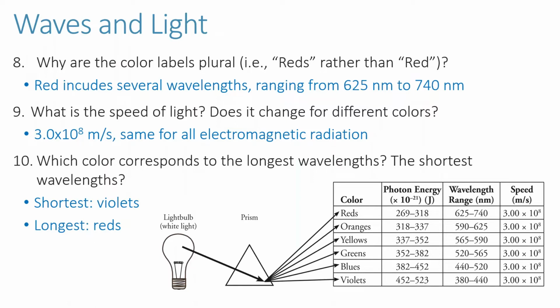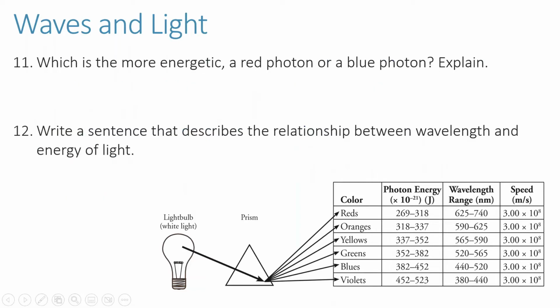We call that ultraviolet. And those are going to be higher energy than our 452 to 523 nanometers. Go ahead and pause the video and take a moment to answer these 2 questions, and return here when you're ready to check your work.